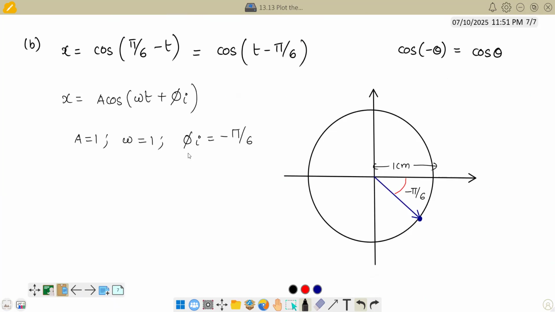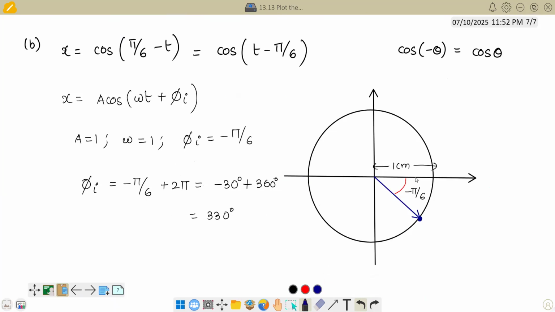If you feel, sir, this is confusing for me, you can always take the measurement from the anti-clockwise direction only. The speciality of trigonometric functions is that if you add 2 pi, nothing would change. So if I add 2 pi to this, 2 pi minus pi/6, that means minus 30 degrees plus 360 degrees, you will get 330 degrees.